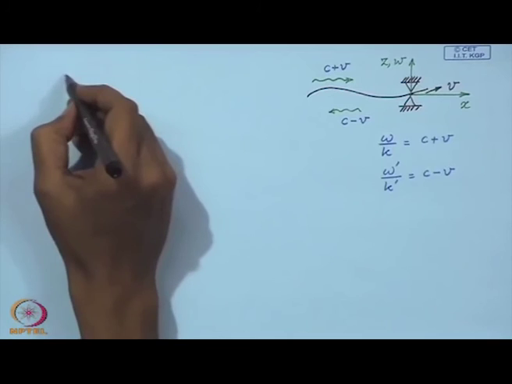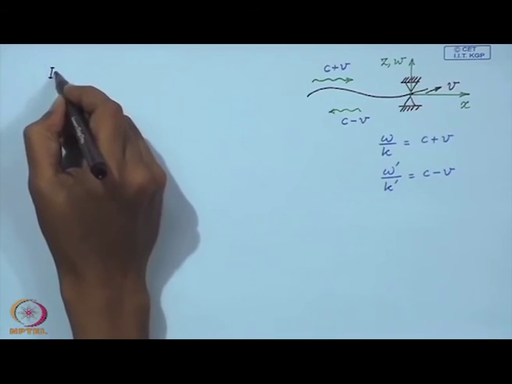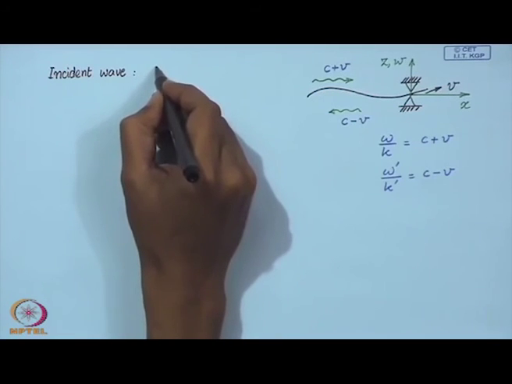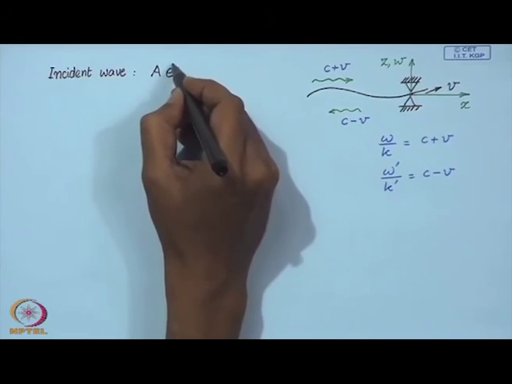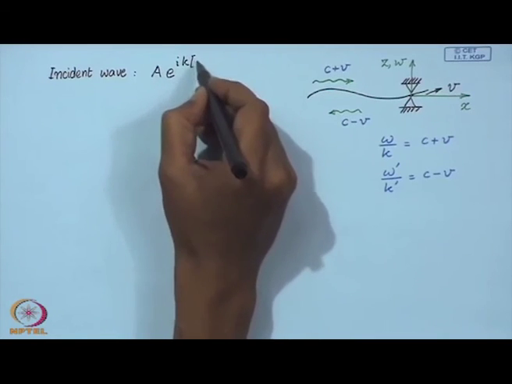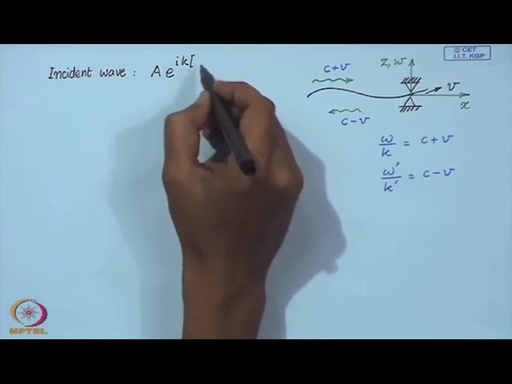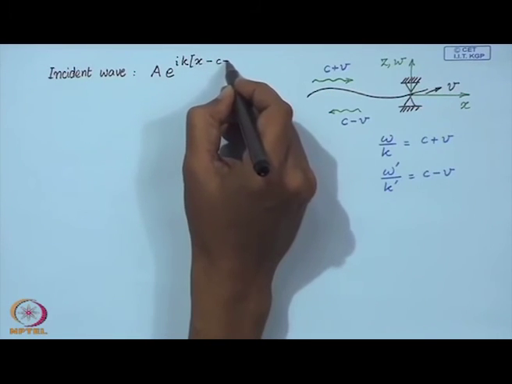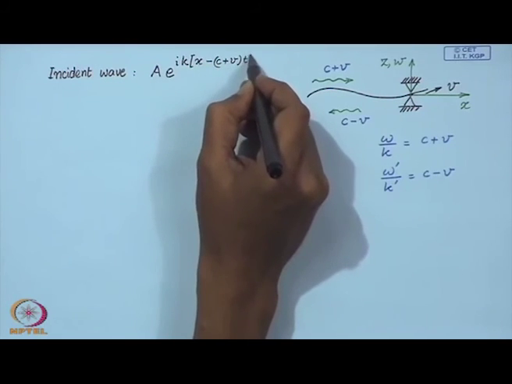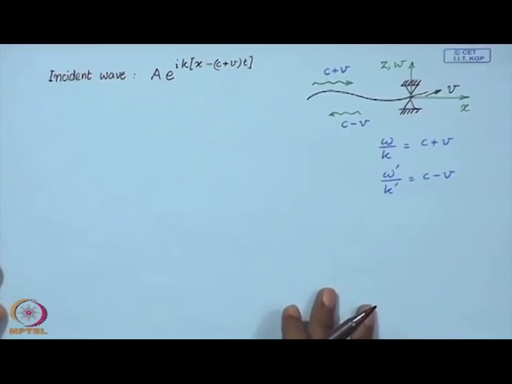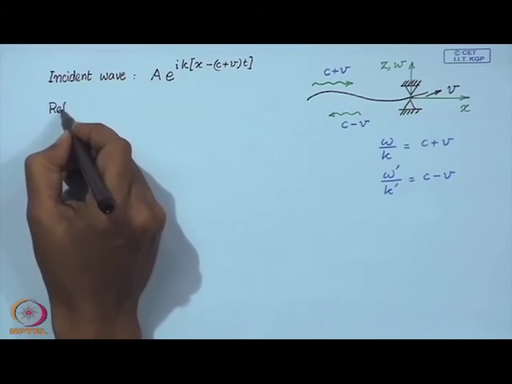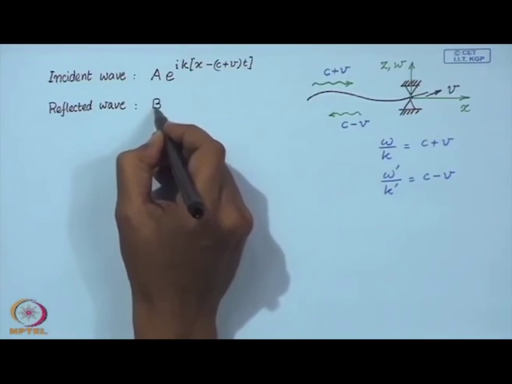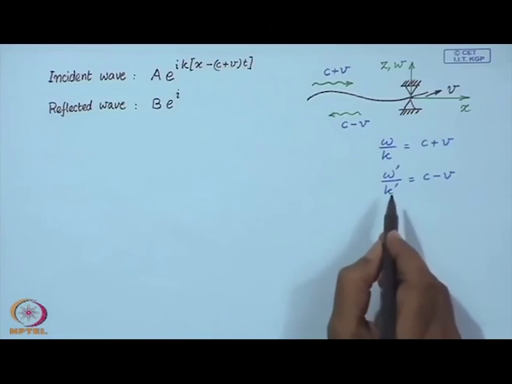So, if the incident wave is written out like this, so this is k x minus omega t.